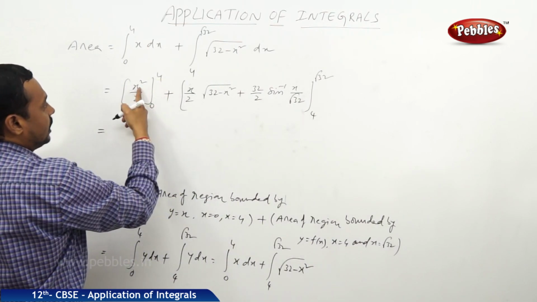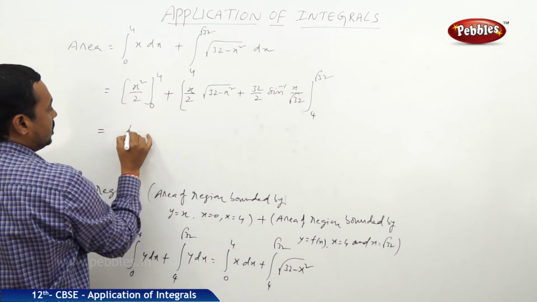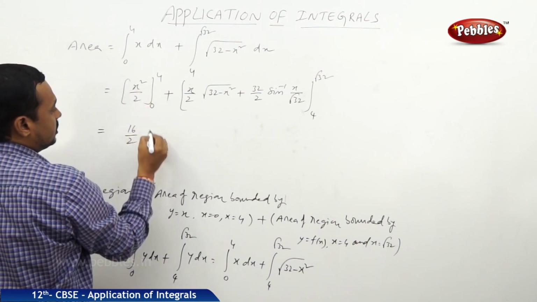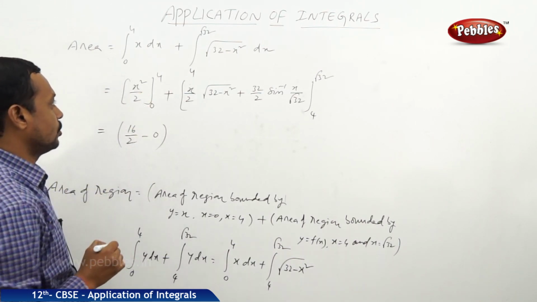Now substitute upper limit here, 4 square, 16 by 2, minus lower limit substitution, that much value is equal to 0.